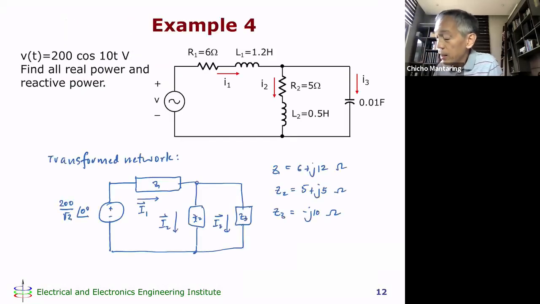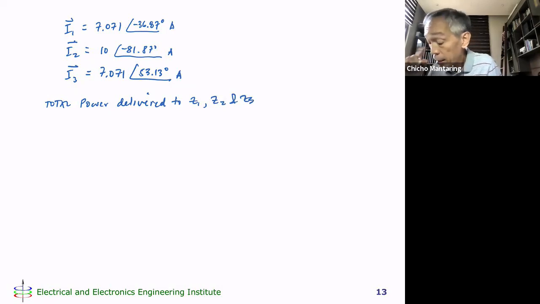So what is the total power delivered to Z1, Z2, and Z3? Let's call that P total.